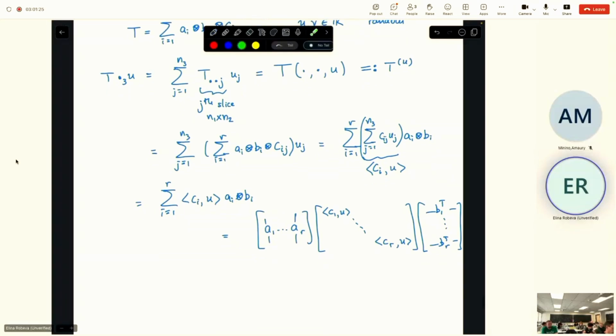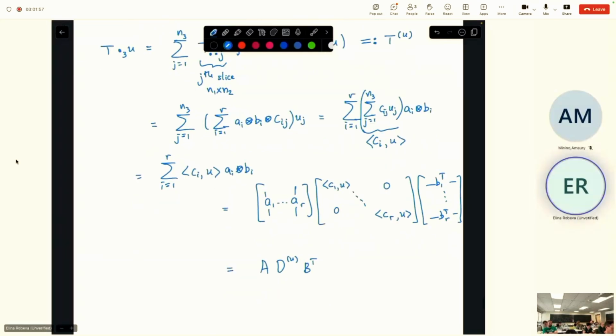So if I multiply by a random vector u along the third mode, what I get is a matrix which has this kind of decomposition. This is the diagonal matrix with zeros elsewhere. I'm going to call this matrix D_u, the diagonal matrix whose diagonal is exactly c_1·u up through c_r·u, and then B transpose.